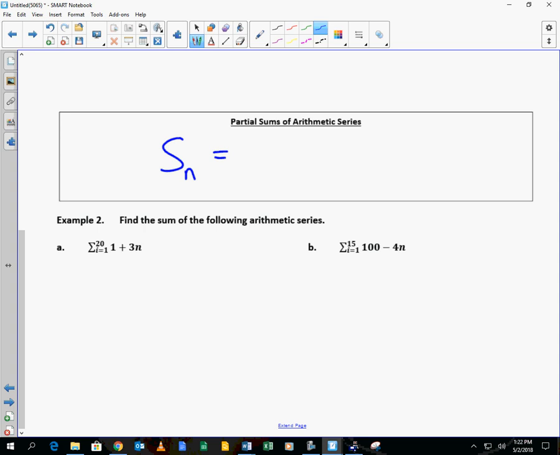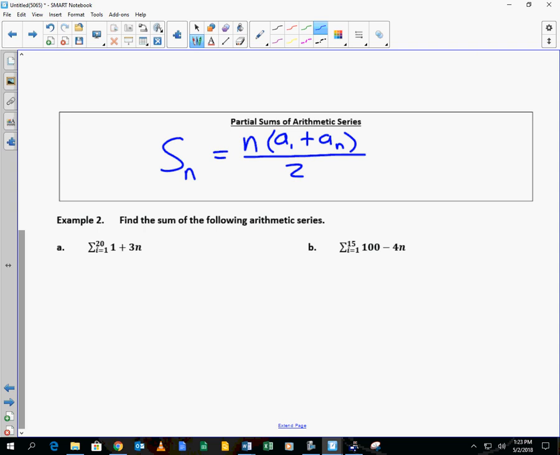So that would be the a sub 1 term plus the a sub n term. So he got that, but what did he multiply it by? How many pairs were there? Which was half of the total number of terms. So we're going to multiply by half of the number of terms. And that will generate for us the sum.